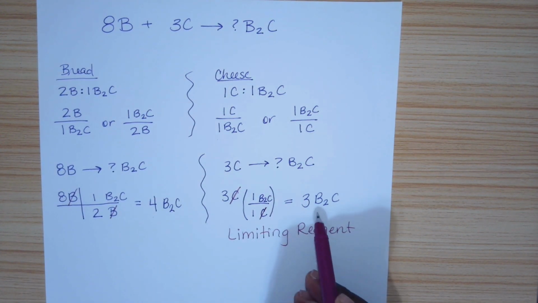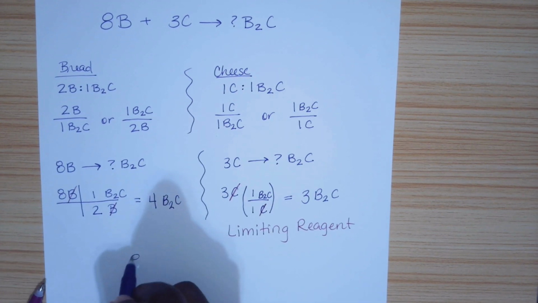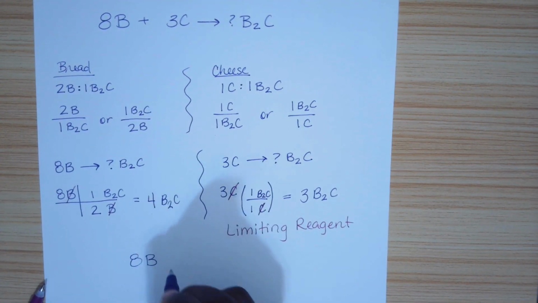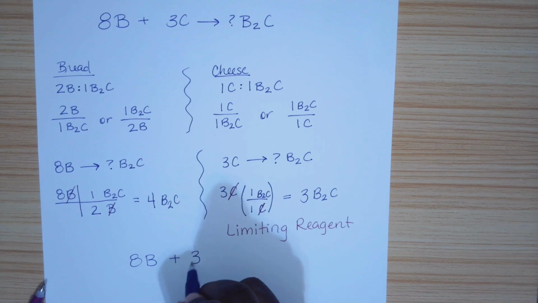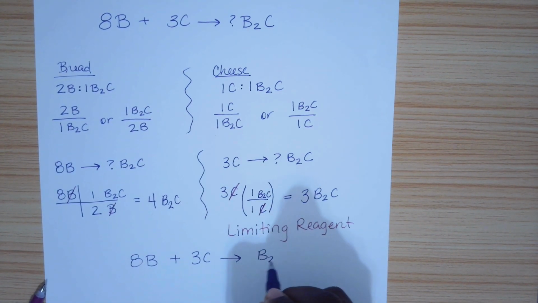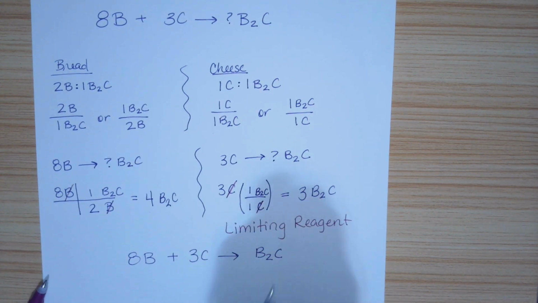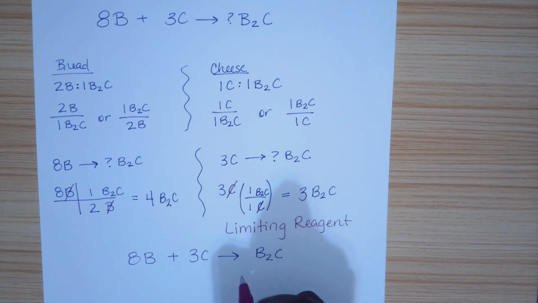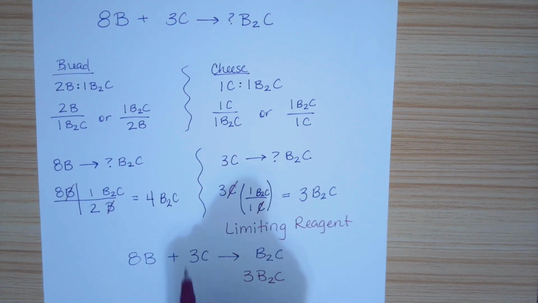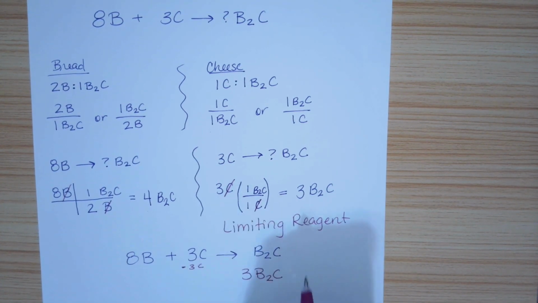After forming those 3 sandwiches, so if we started with 8 slices of bread, 3 slices of cheese, and we started building those sandwiches, after we built a total of 3 sandwiches, that means that we had to use up those 3 slices of cheese, right?